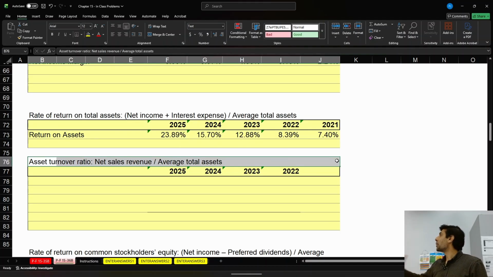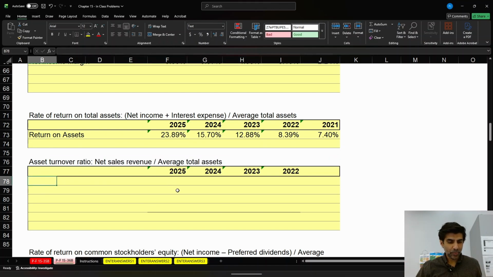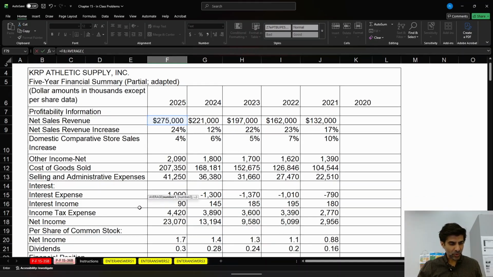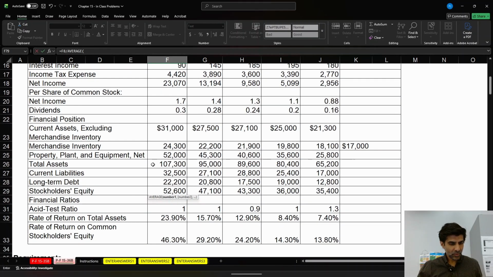Profit in the end is more important, but in certain contexts, like for growth stage businesses, it could be more important to know how well you're generating revenue with your assets. Okay, so it's pretty much the same except we're using revenue instead of net income. So you just use this divided by the average of your total assets, which is these two.